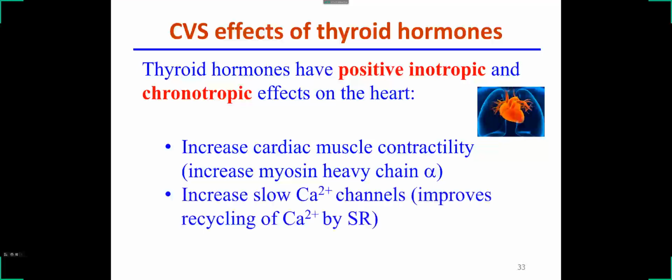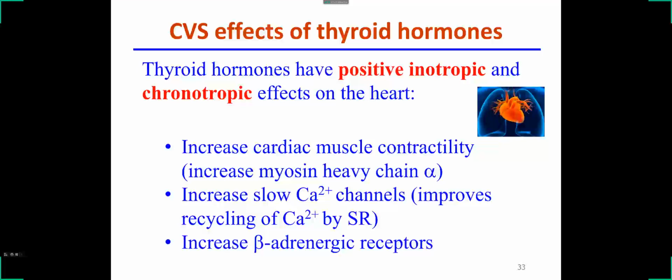Okay? So, cardiovascular effects. Increased cardiac muscle contractility. Again, remember we mentioned the myosin heavy chain gene transcription. This is a key area where the heart is impacted. And we will increase slow calcium channels. Remember, that was another gene that was altered, which will improve recycling of calcium within the heart.